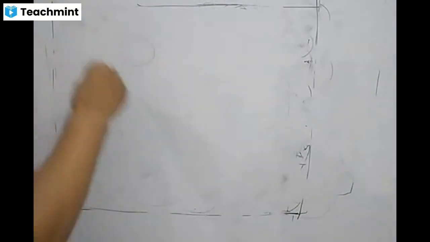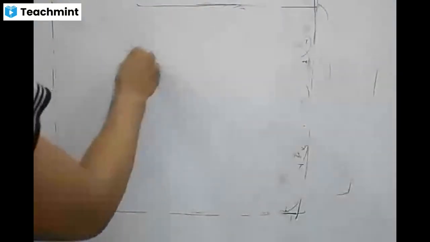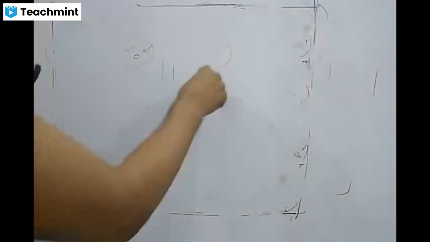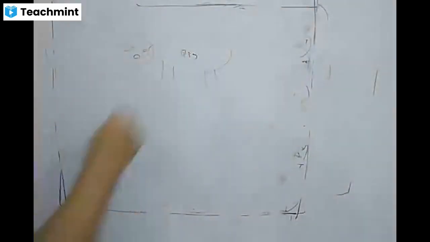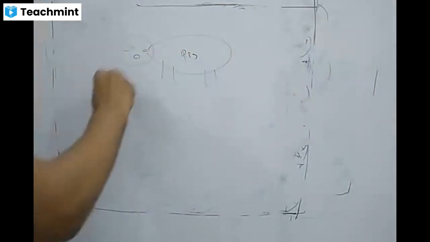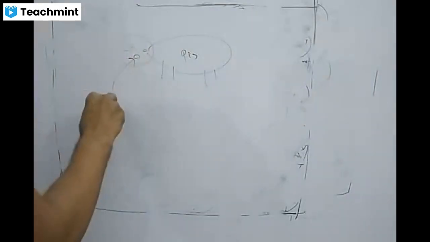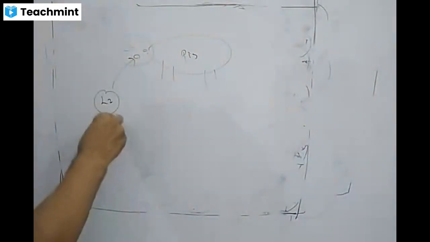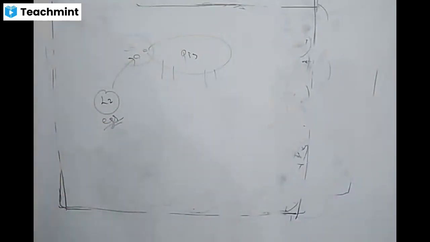if we start with pig, because the host is pig, pig will ingest the L2 containing egg. So in case of Ascarid, the infective stage is not L3. This is the L2.